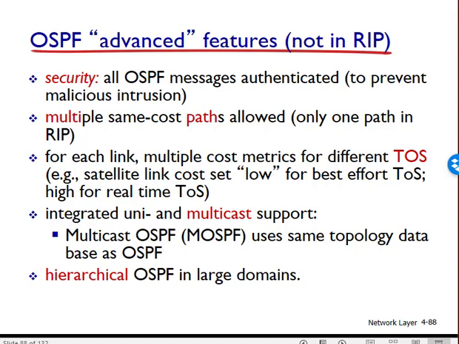MD5 authentication is based on shared secret keys that are configured in all the routers. For each OSPF packet that it sends, the router computes the MD5 hash of the content of the OSPF packet appended with the secret key. Then the router includes the resulting hash value in the OSPF packet.